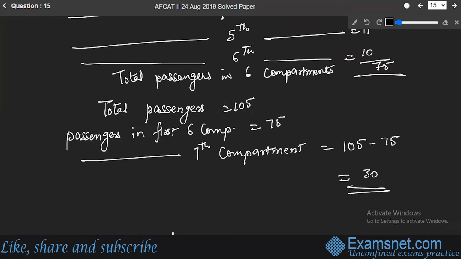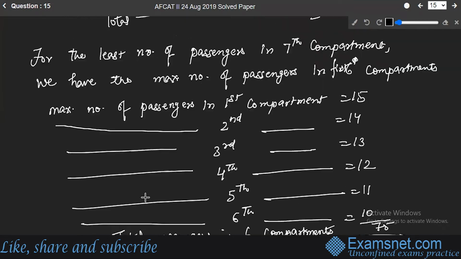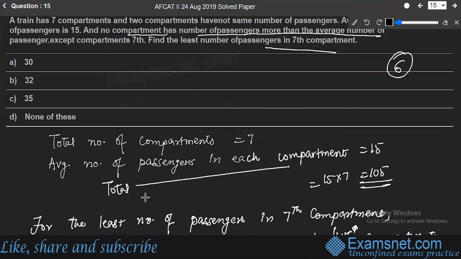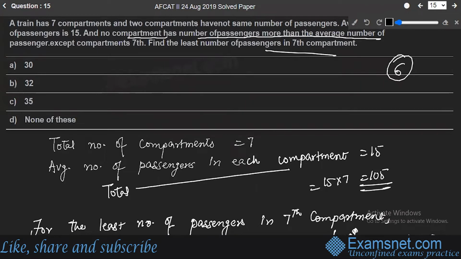Right. So that was your question. The question says you have to calculate the least number of possible passengers in seventh compartment. This is option A. 30 passengers in the seventh compartment is the least number of passengers possible. Hope this is clear. Then let's move to the next question.